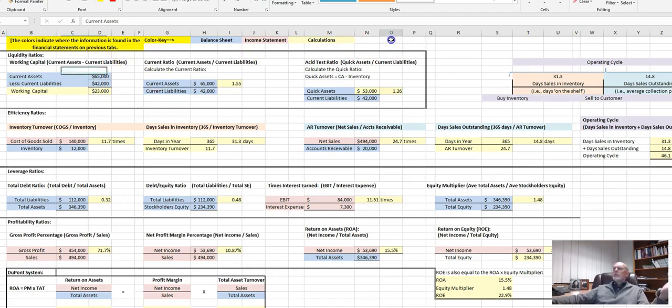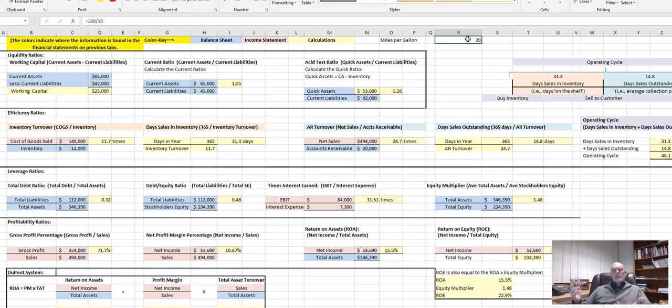When we talk about ratios, remember that a ratio is one number divided by another. So for example, a ratio that you're very familiar with is miles per gallon. You would calculate it, as you know, if you went 200 miles and you used 10 gallons, you would divide 200 by 10, and that would be 20 miles per gallon.